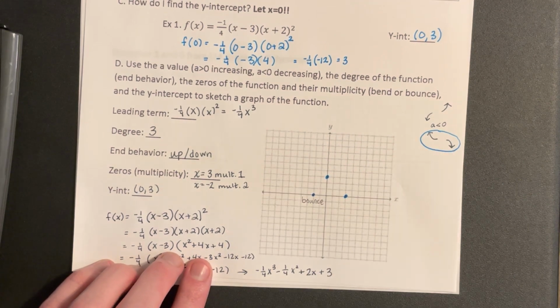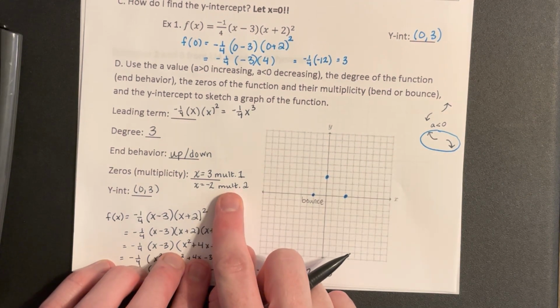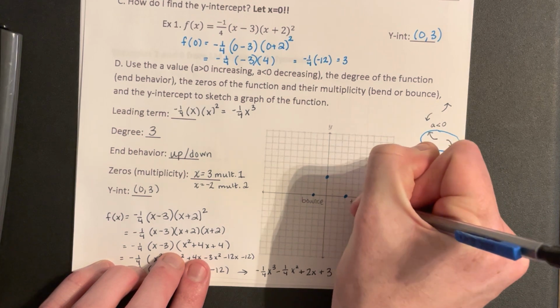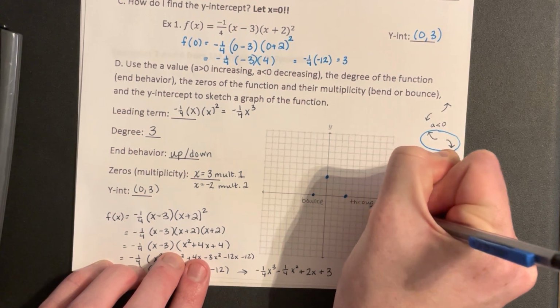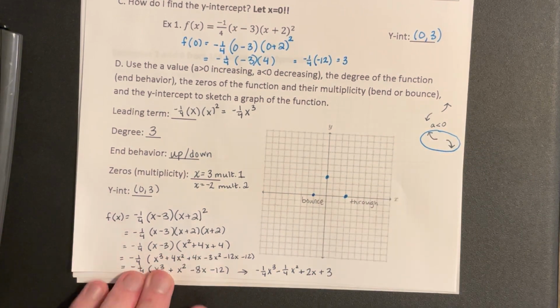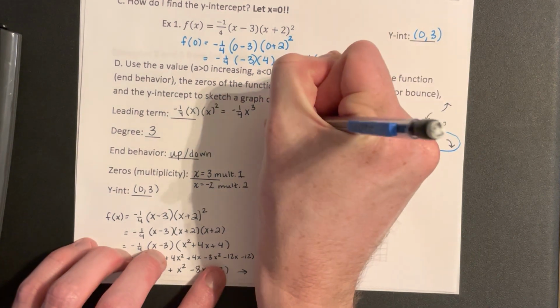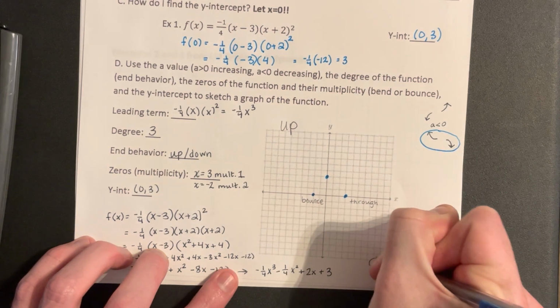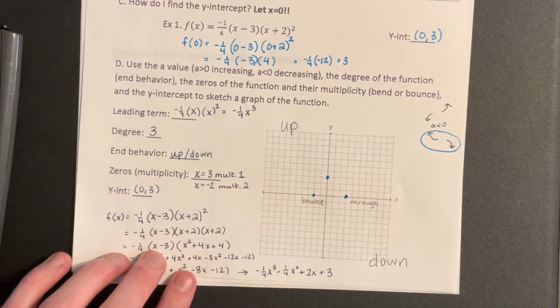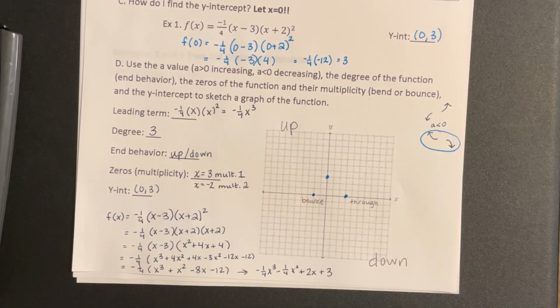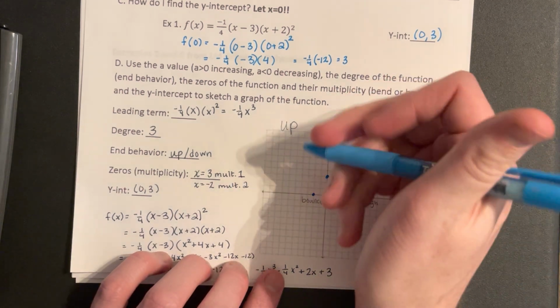It bounces off the axis because it had a multiplicity of 2, and it's going to go straight through the point at 3. We had up-down end behavior. That gives us a little bit of an idea of where this is going to go.